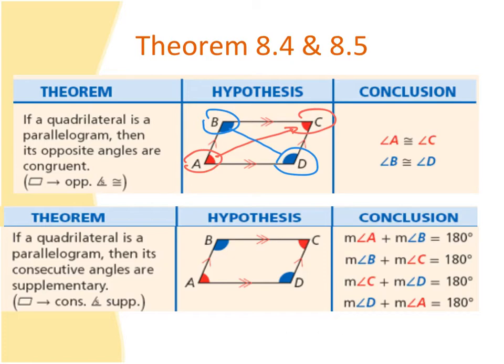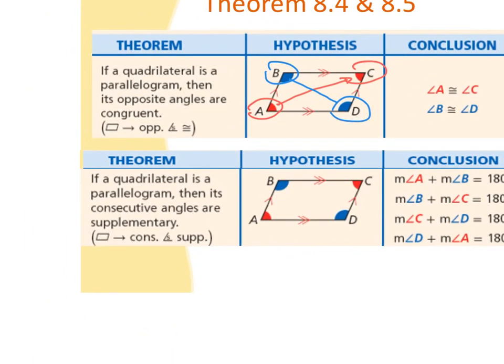We're going to be using that for these quadrilaterals. Remember, another name for consecutive is same side interior. And what they mean by consecutive angles are the two angles that are next to each other, not opposite.